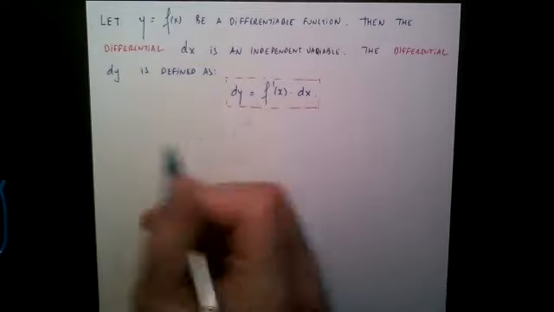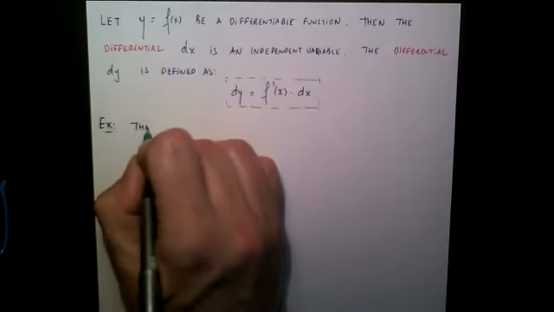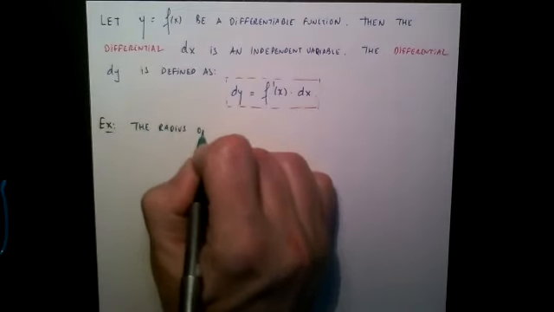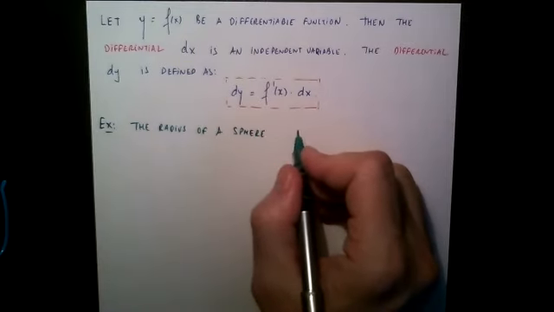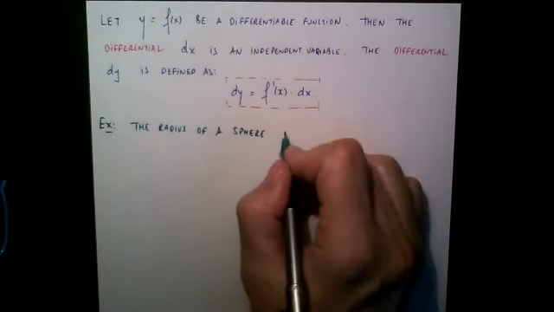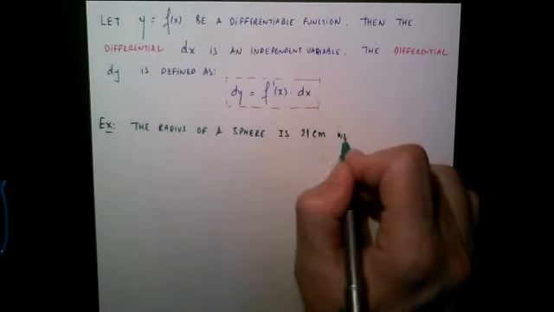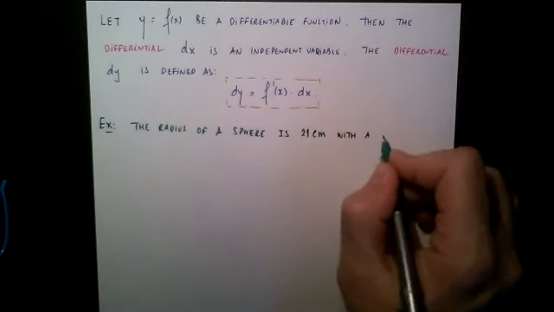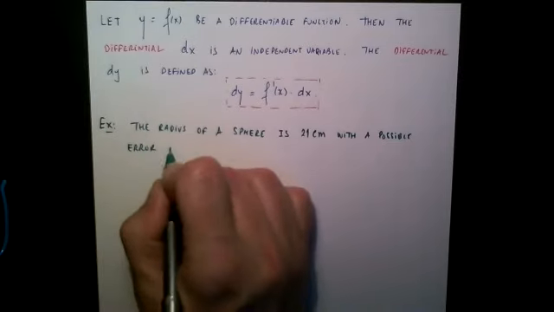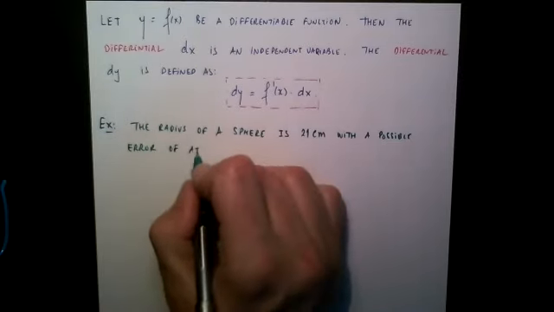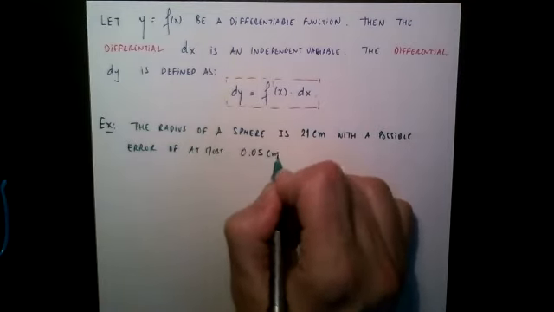Okay, it's an example I took from the book. Okay, so the radius of a sphere is 21 centimeters with a possible error of at most 0.05 centimeters.